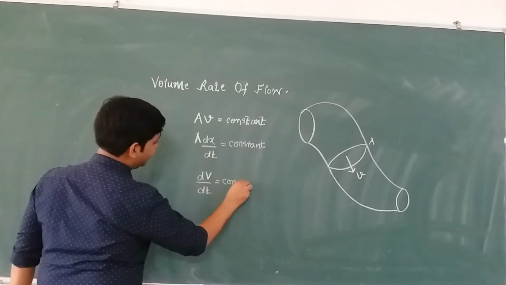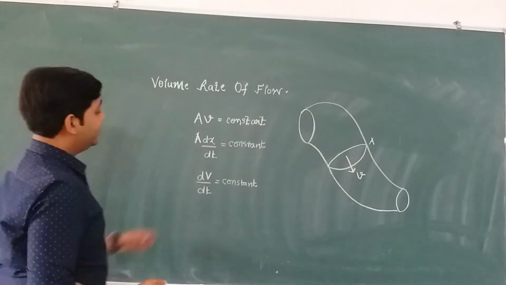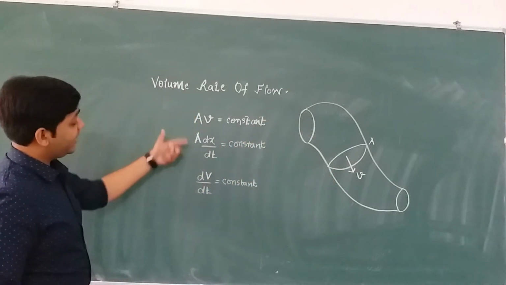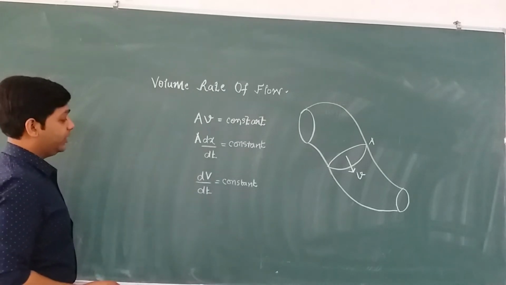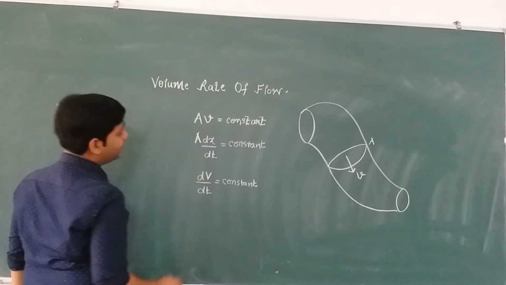So dV upon dt remains constant over any cross-section, and this is nothing but the extension of the equation of continuity. This term dV by dt is called the volume rate of flow.